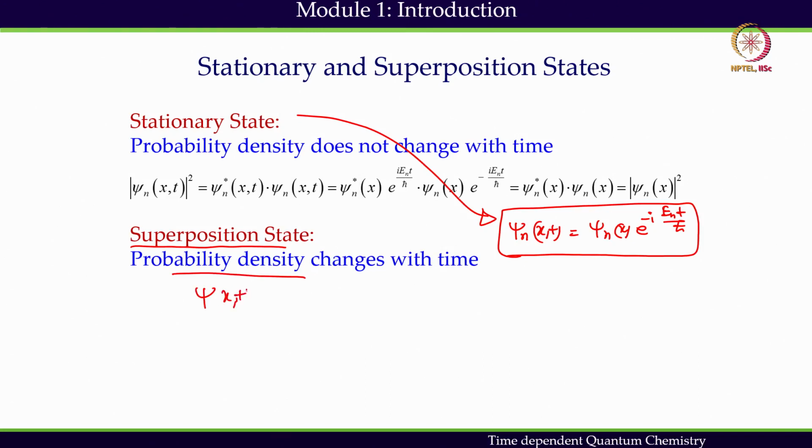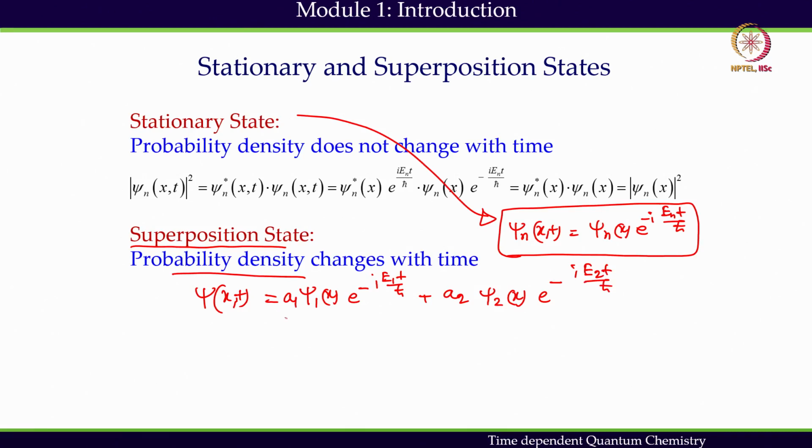I will be expressing the state of the particle, the wave function, as a1 psi 1 e to the minus I E1 t by h cut plus a2 psi 2 e to the minus I E2 t by h cut.